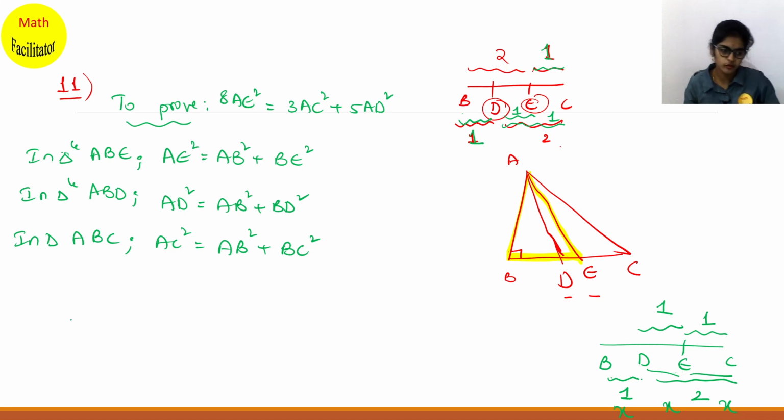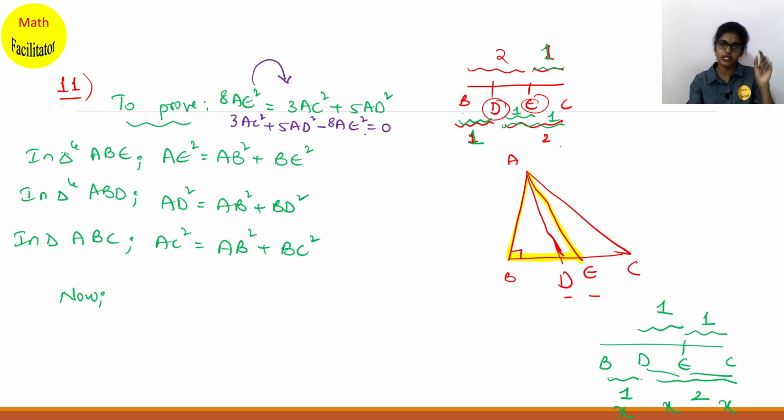Now what you have to prove? You have to prove 8 AE square is equals to 3 AC square plus 5 AD square. So what I am doing is taking this AE square to the RHS and rewriting it. You have to prove that 3 AC square plus 5 AD square minus 8 AE square is equals to 0, since if you take AE square to the other side, it becomes minus 8 AE square.